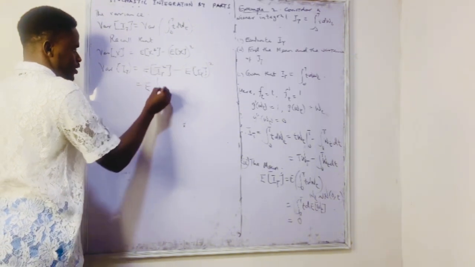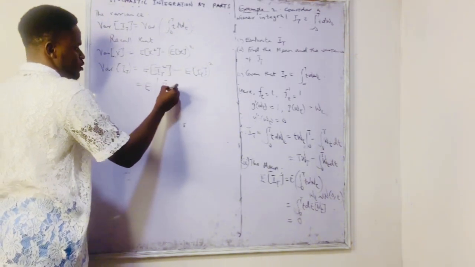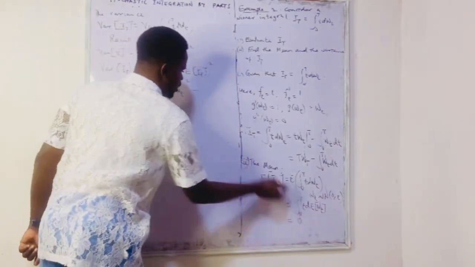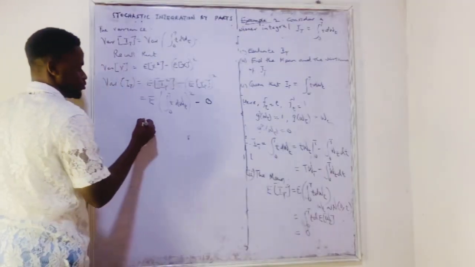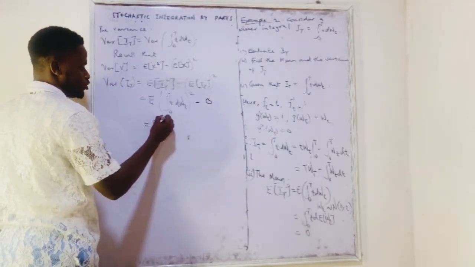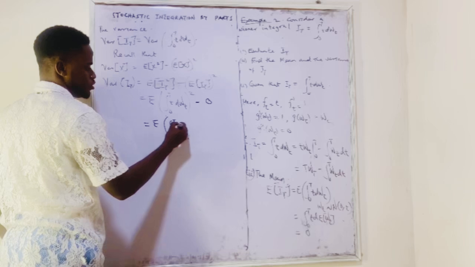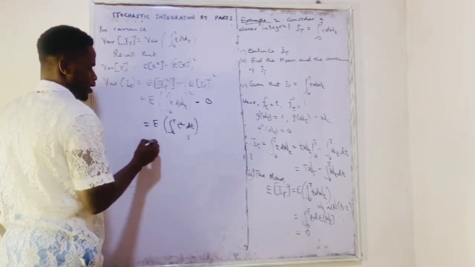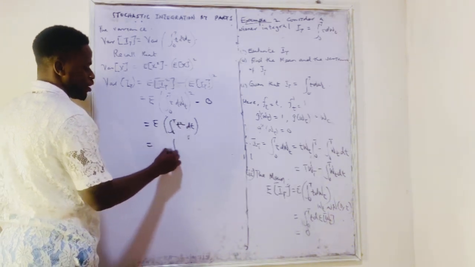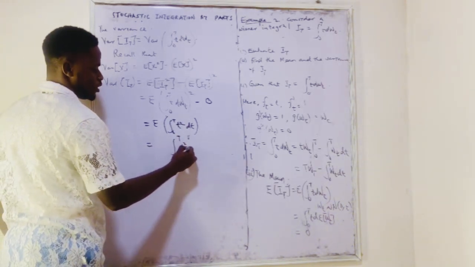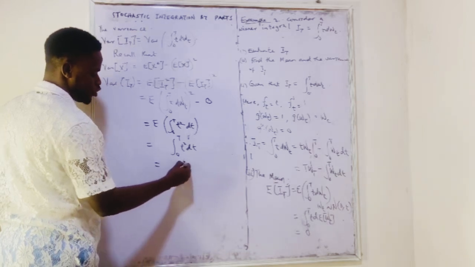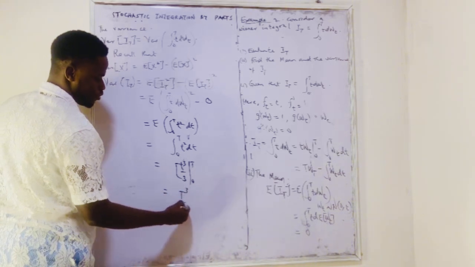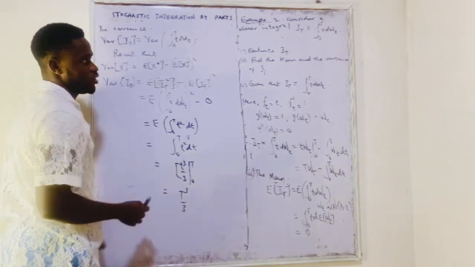So putting the integral from 0 to t of t dW_t squared minus, but our mean is 0 here already, so that will be minus 0. And taking the square of this, we have the expectation of the integral from 0 to t of t squared dt. And taking the expectation of this will just be the integral from 0 to t of t squared dt. And taking the integral, we are having t cubed over 3 to the limits, and that is going to give us t cubed over 3, which is the variance of the Ito integral.